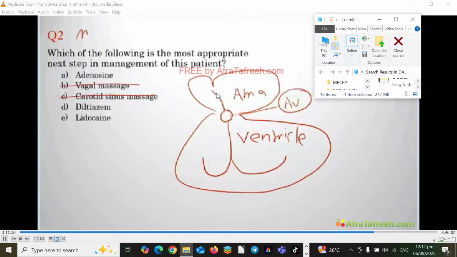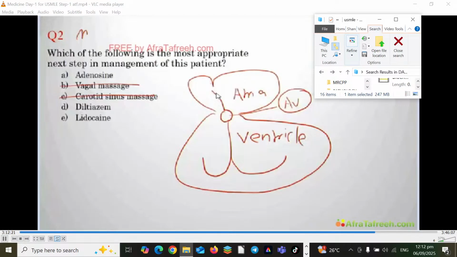What we were saying is, when you control the ventricular contraction, it is called a rate control strategy. And when you control the atria, it is a rhythm control. You have to change the rhythm from atrial fibrillation to a sinus rhythm. Yes, in atrial fibrillation, we first control the ventricles, and that is through rate control.